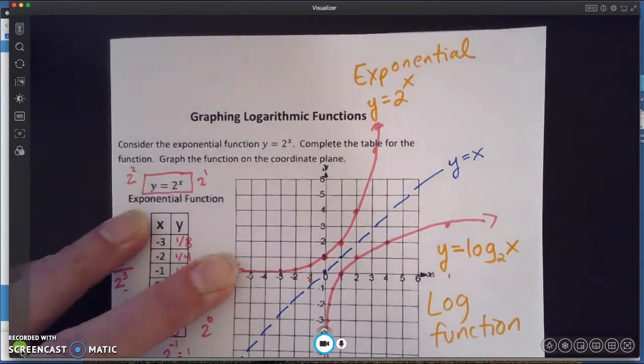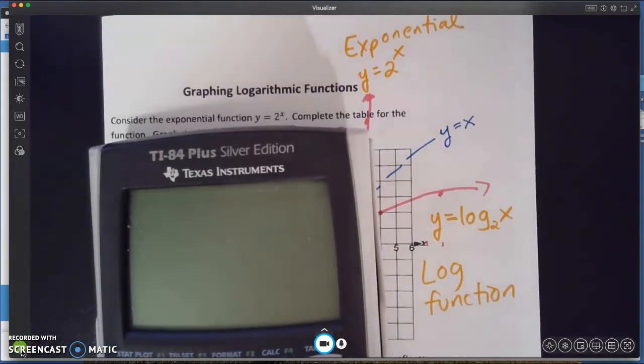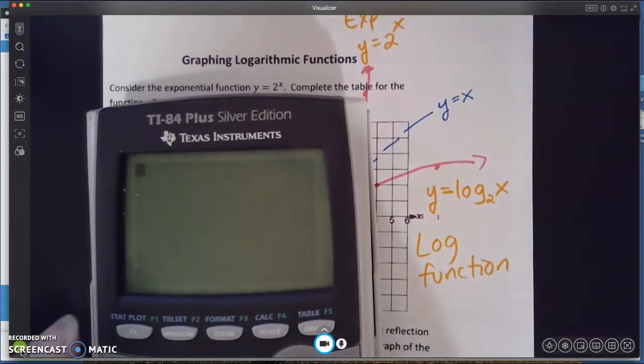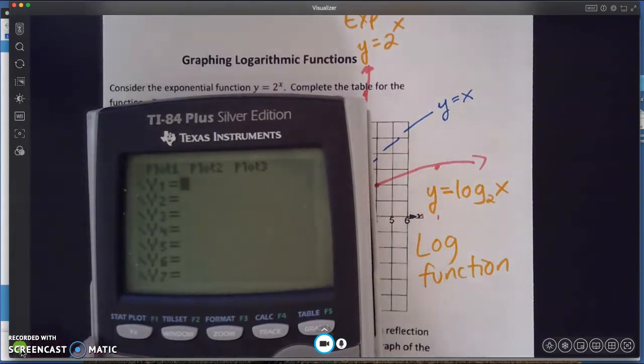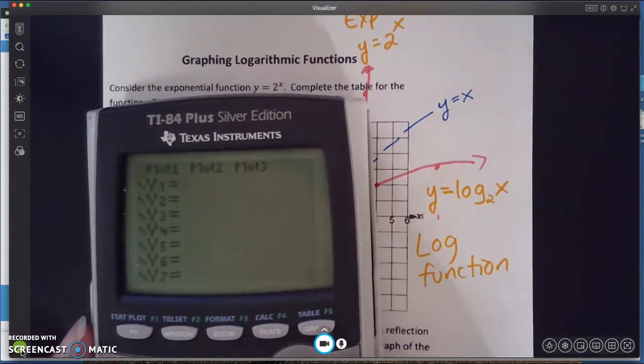And we're going to take out that calculator real quick. You can graph the logarithmic function in the calculator. So go to y equals, function, I'm going to use my standard window. So we're going to go y equals, I'm going to do log.